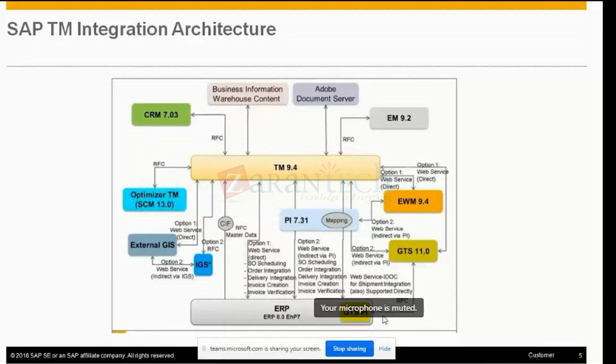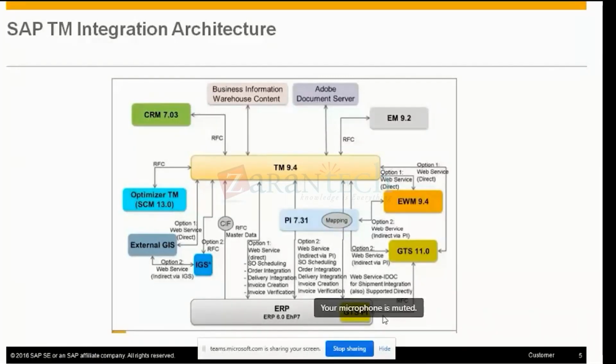I will not use the word transfer, but the word communication. For that, there has to be an integration between TM and customs authorities, and for that we use GTS. So TM and GTS talk to each other, and GTS talks to your customs server through IDoc, because the customs system is not in SAP. It is a non-SAP or legacy system.